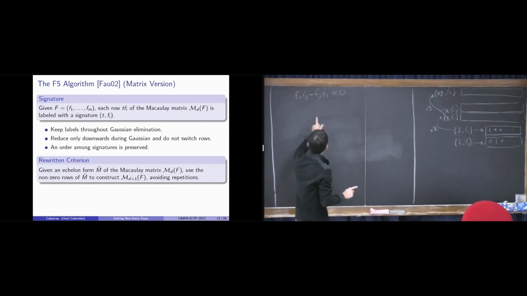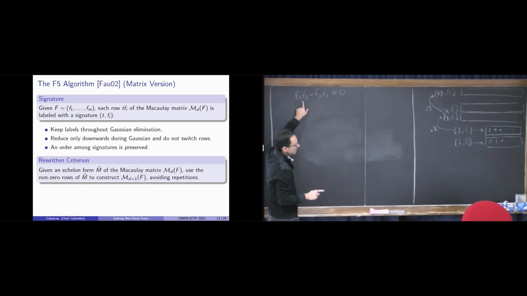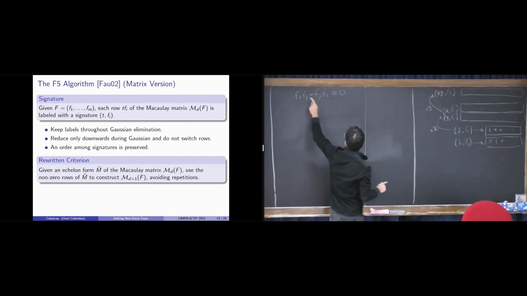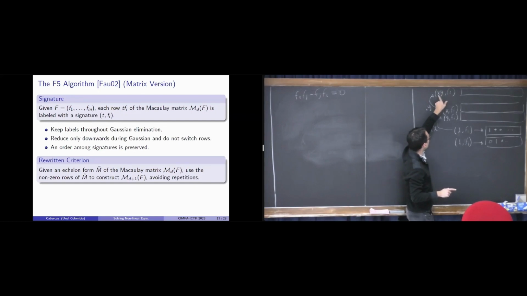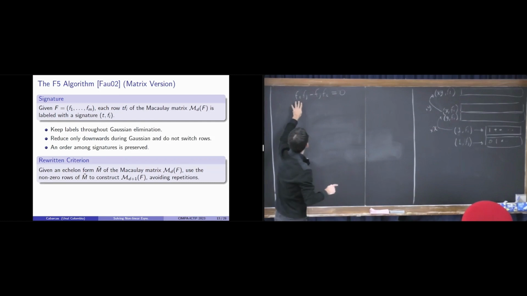Now, I want to look at this not in terms of Fi and Fj, but in terms of the monomial multiplied by the polynomial. So let's write Fi.